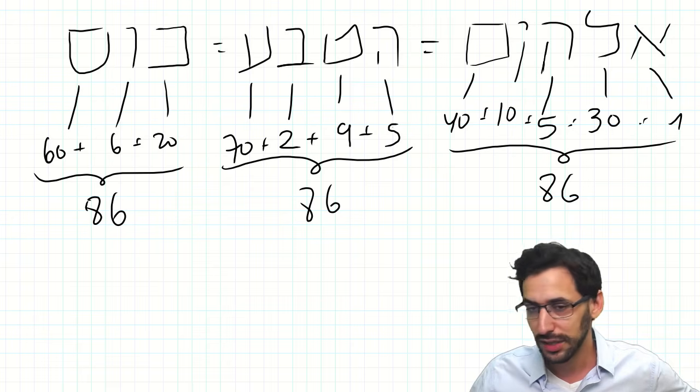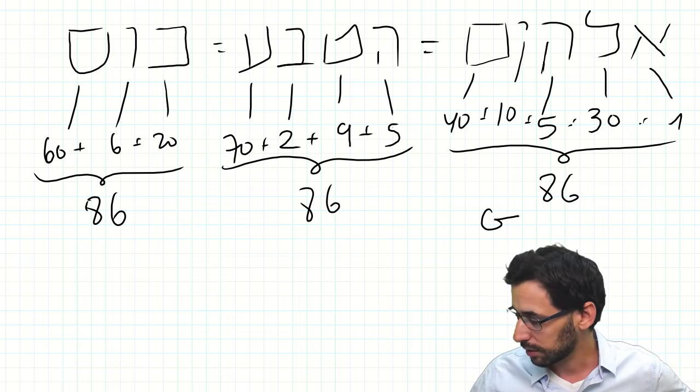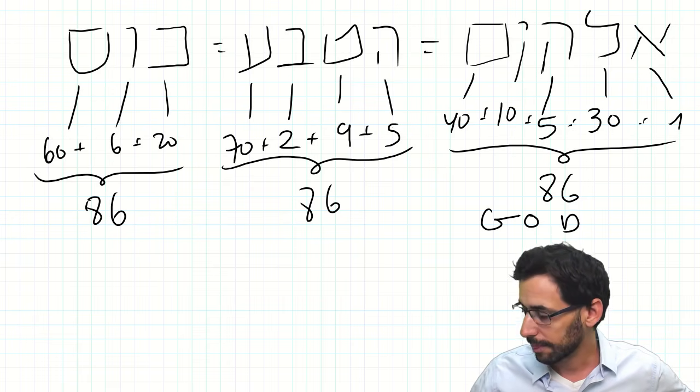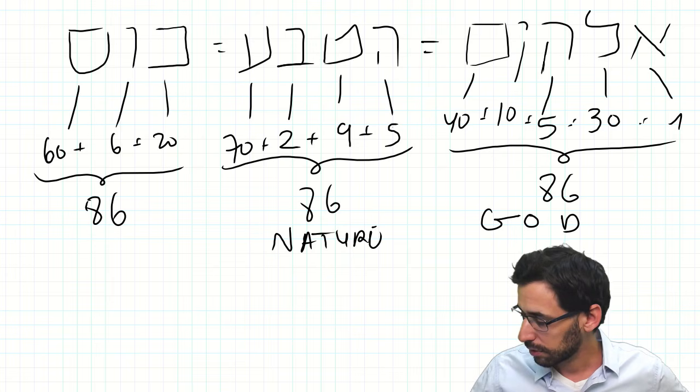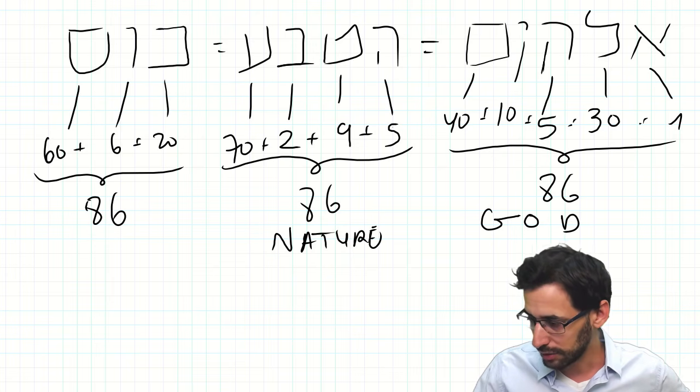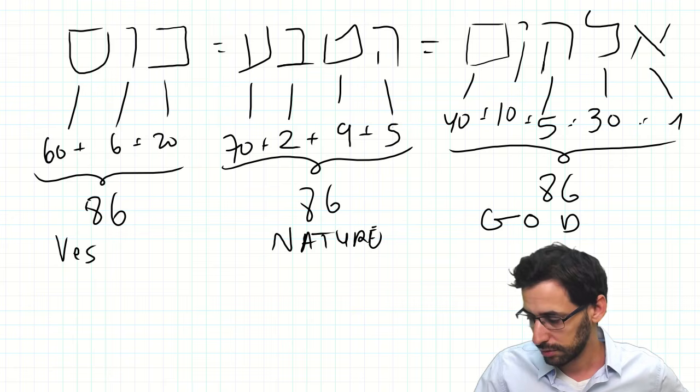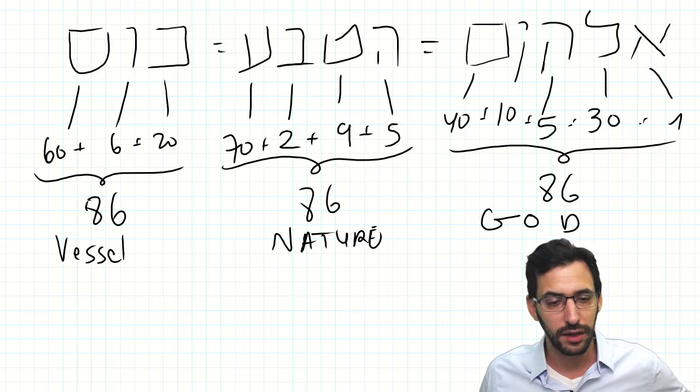So the first one, God, the second one, nature, and the third one, vessel, all mean the exact same thing in Kabbalah.